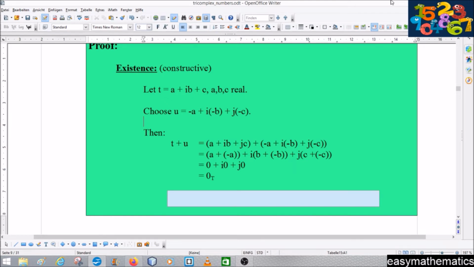calculate t plus u, so a plus i b plus j c plus minus a plus i times minus b plus j times minus c. So all the components are real numbers, and here we have the addition, and we know how to add. We can add each component, so we have a plus minus a and b plus minus b and so on.